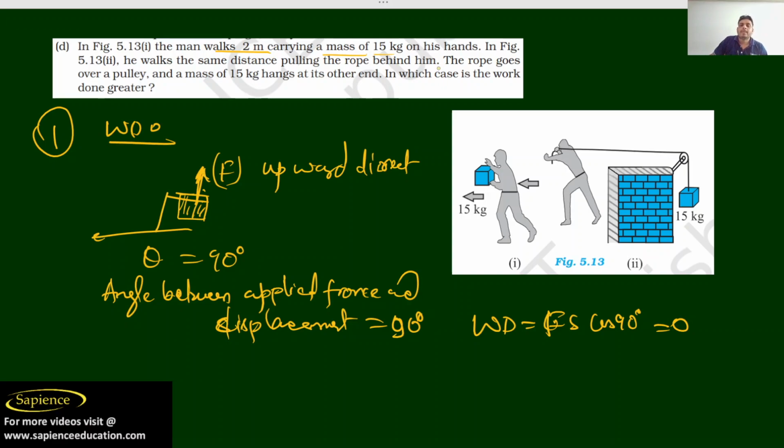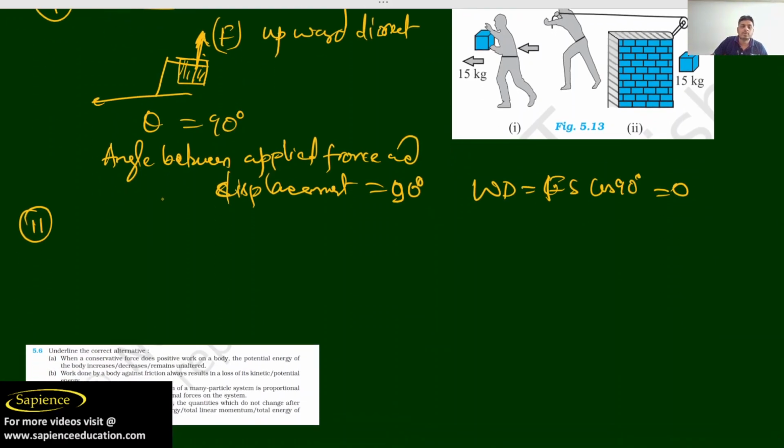Now second case, he walks the same distance, so displacement is the same, and the rope behind him goes over a pulley, and a mass of 15 kg hangs on its other end. So in which case is the work done greater? Let us talk about work done in case 2.